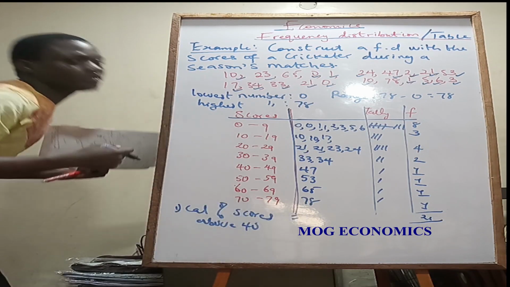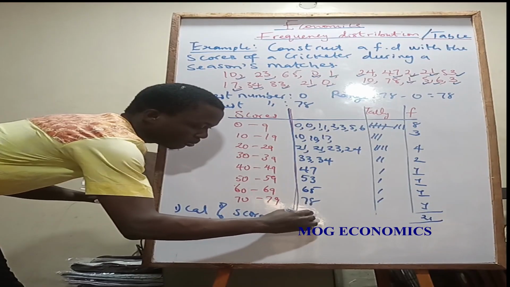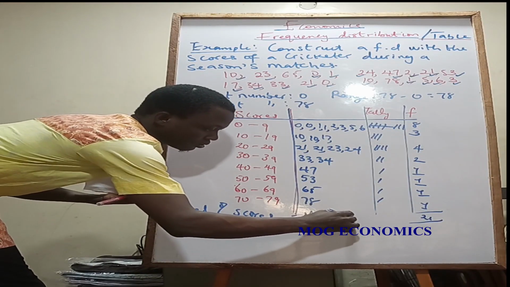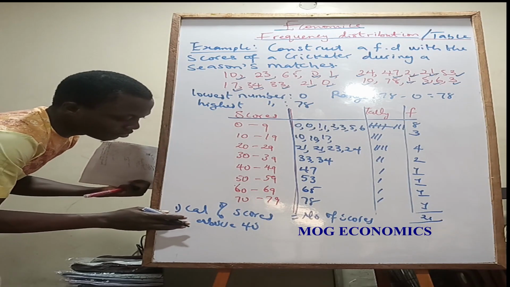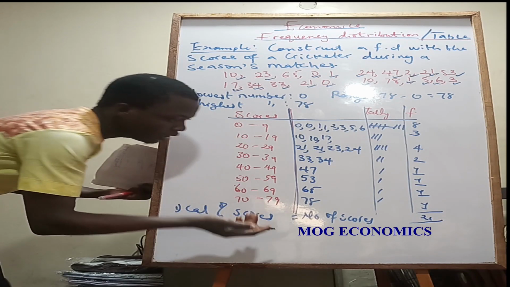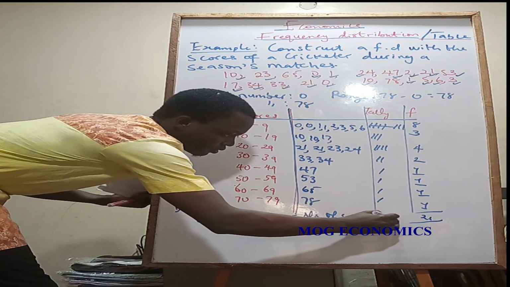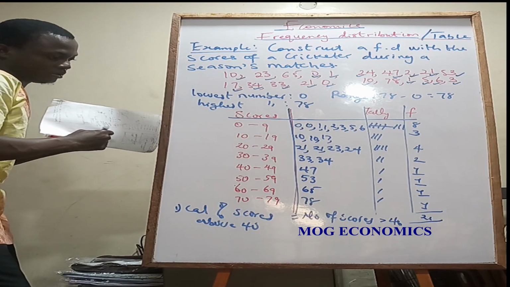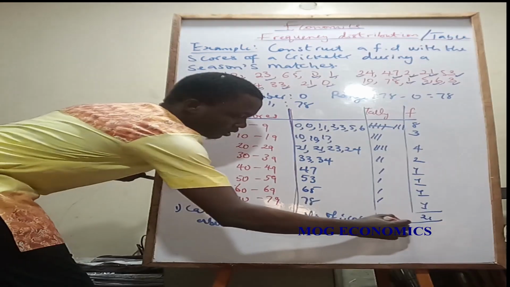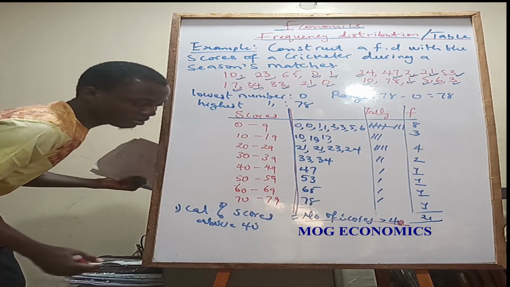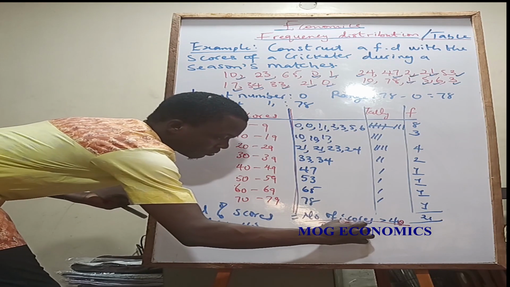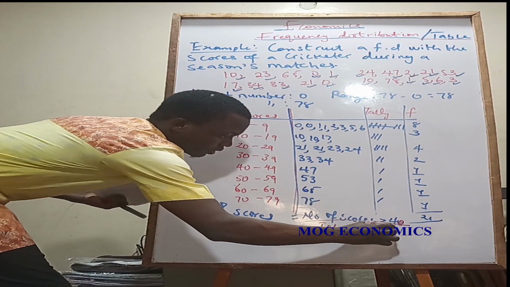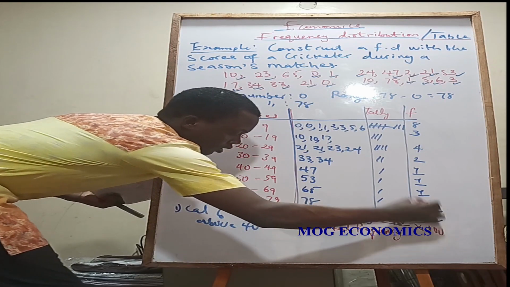Number of scores greater than 40 over total frequency times 100. Please, in the exam it should be number over total frequency times 100.